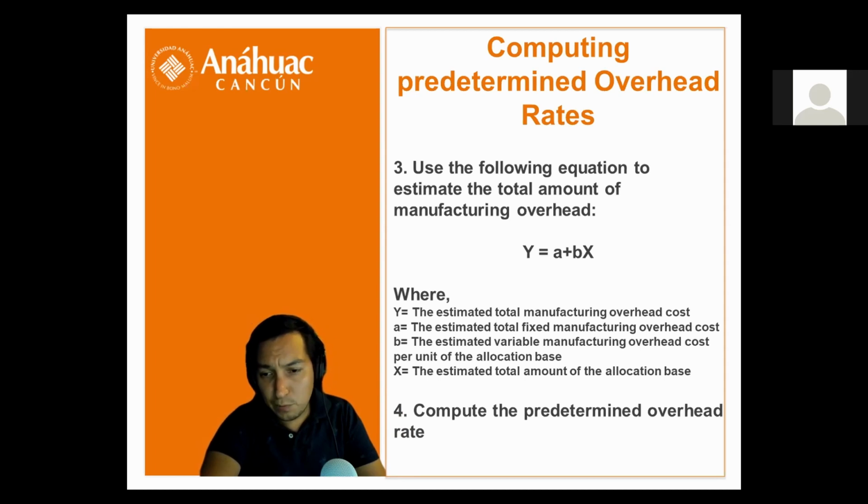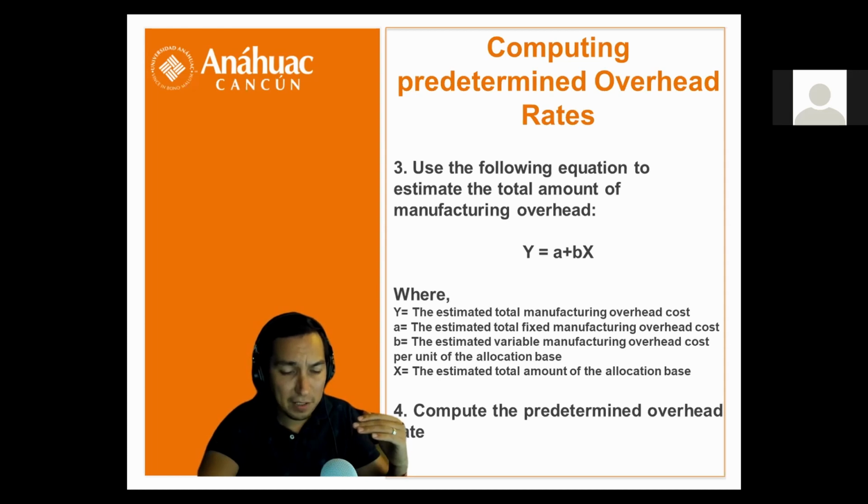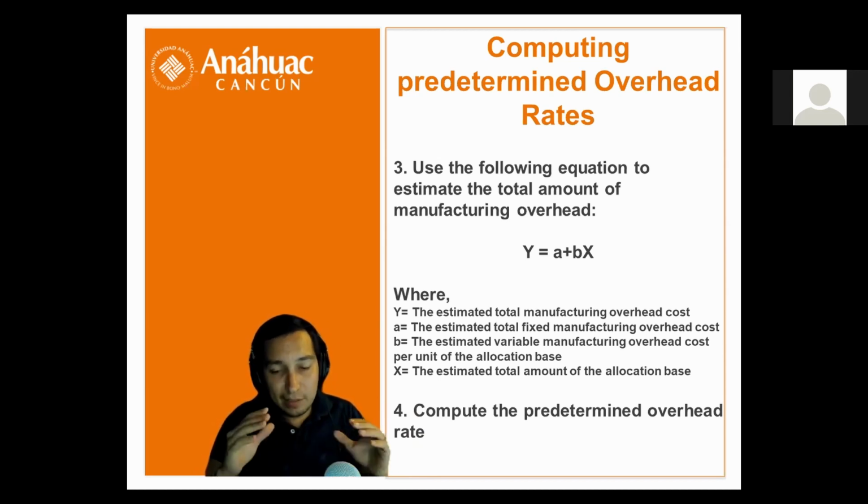But at least we want to do it once ahead of time and not change it every day or every week. We want to look at the big picture and come up with a reasonable predetermined overhead rate. So we don't want to do it day by day or seasonally, because it might lead you to poor decisions and misleading data.